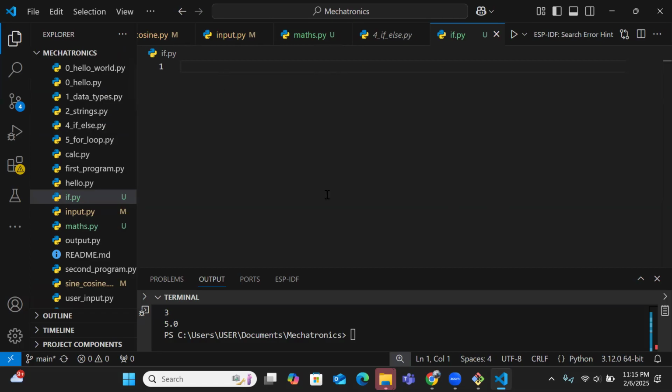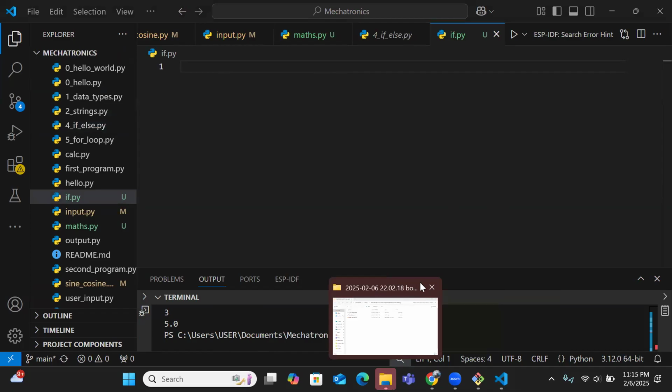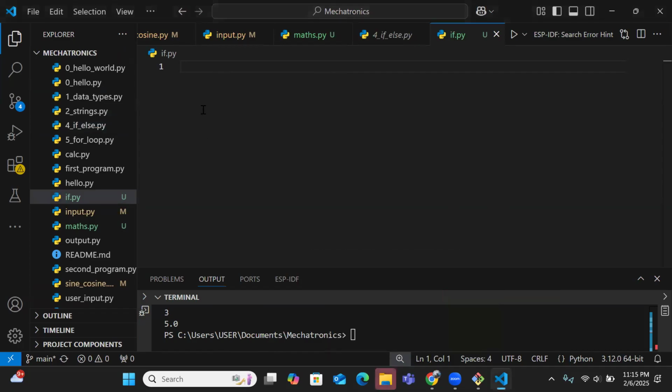Okay. Can you see if.py? Yes. Okay. The first thing that you put is the shebang, /usr/bin/env, then python. Then before we do this, I want us to learn something here.